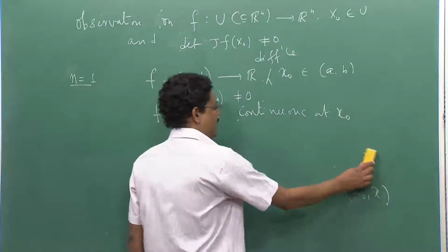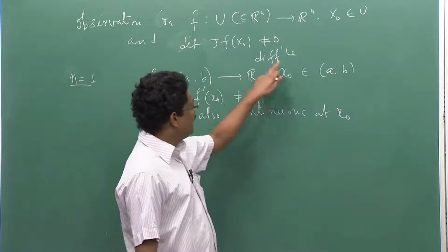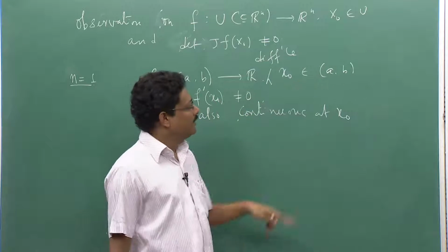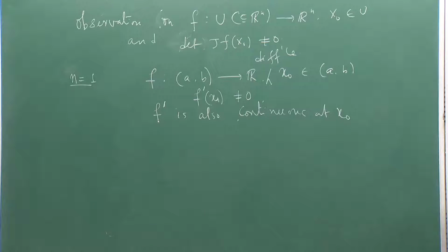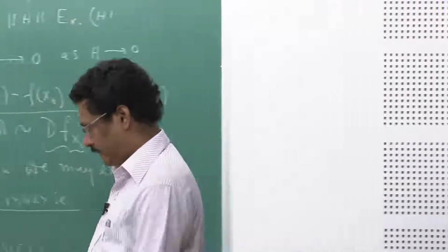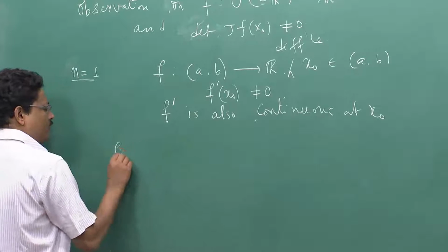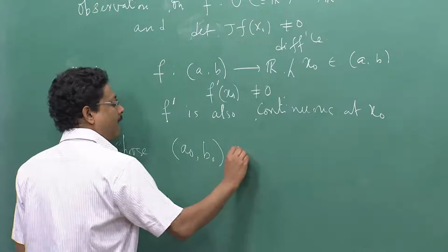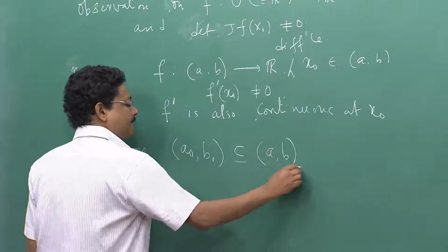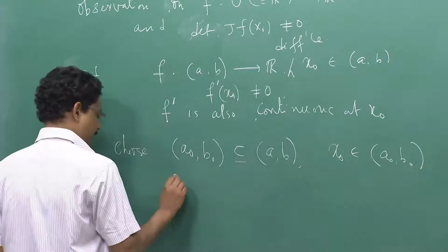Okay. So, here is our assumption again: f from a to b is differentiable on the entire interval, x naught is in a b, f prime of x naught is non-zero, and f prime is also continuous at x naught. Let us assume f prime is continuous throughout the interval, there is no harm in it. Fine. I can of course choose a smaller interval a naught b naught, of course, x naught is contained in a naught b naught, where f prime is non-zero.